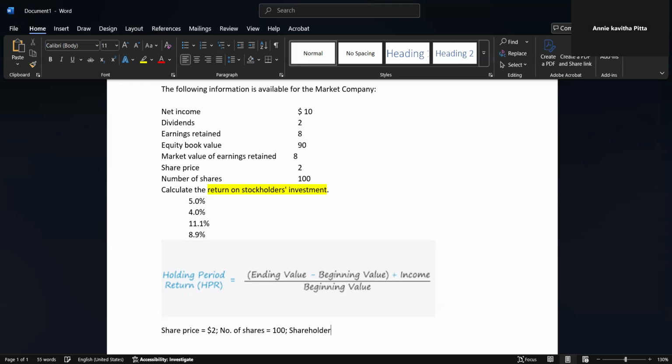So, we see shareholders' investment will be 2 into 100, which is equal to $200.